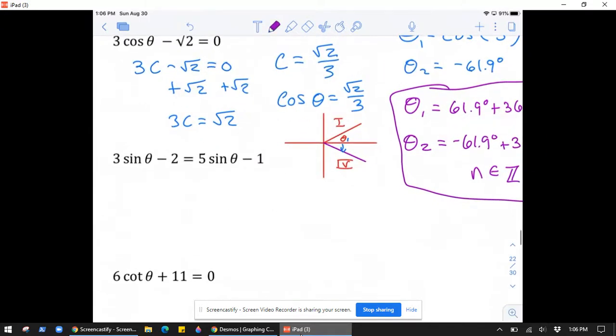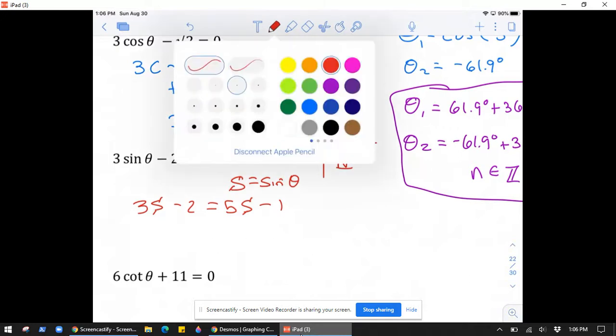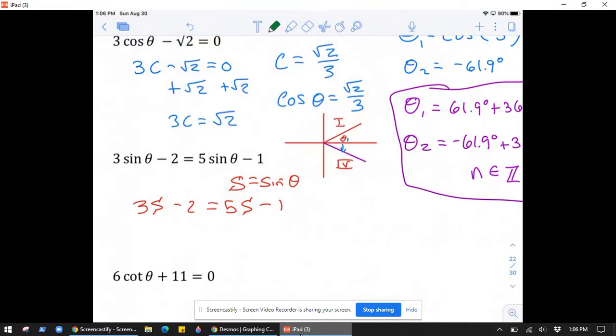Let's try this one here. So I'm going to let s be a stand-in for sine of theta. So we can do the algebra first. So this is 3s minus 2 equals 5s minus 1. Let's minus 3s from both sides.